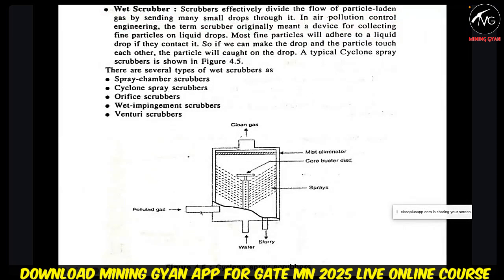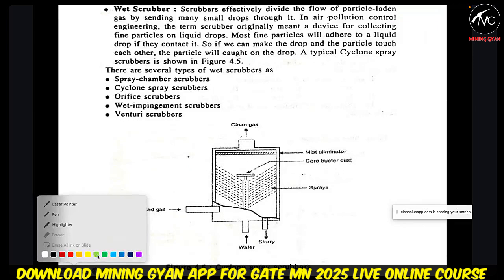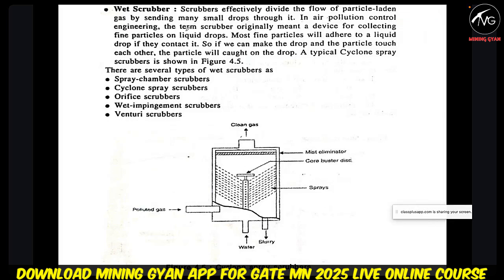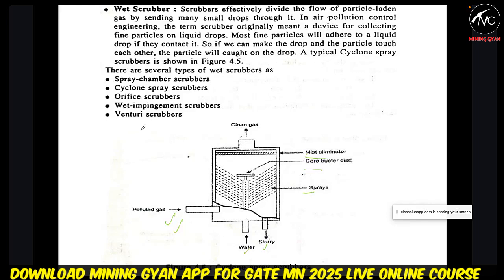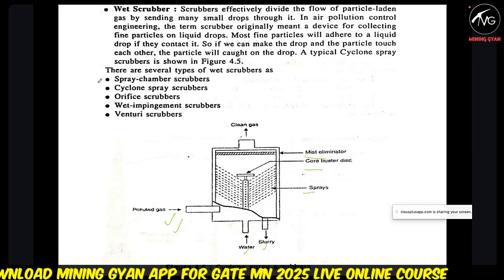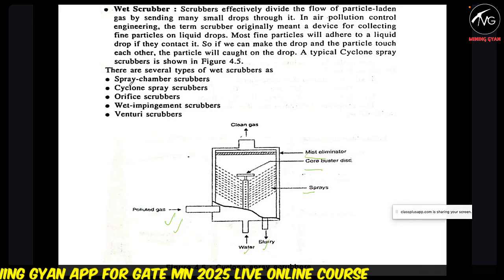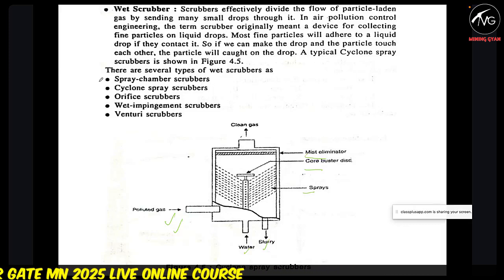It also has a few lines written that many small drops are used, and in air pollution control engineering, fine particles in the dust touch the liquid drops. There are several types of wet scrubber: spray chamber scrubber, cyclonic scrubber, orifice scrubber, wet impingement scrubber, venturi scrubber.